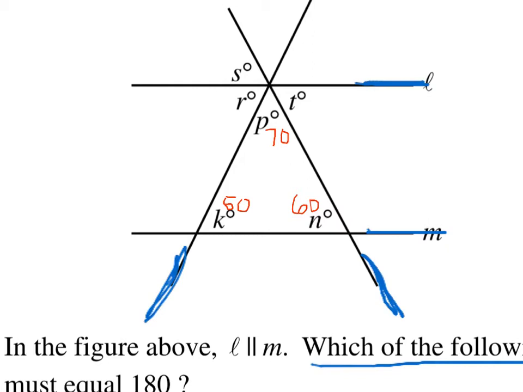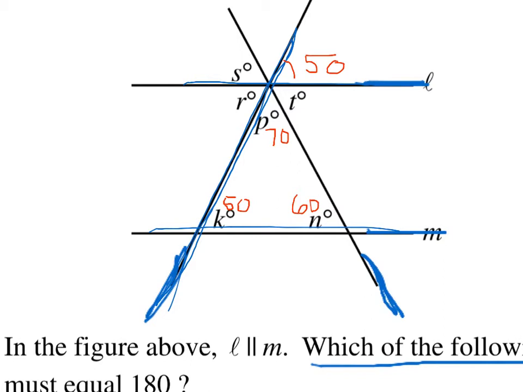Now, let's use our powers of parallel lines-ness that we learned previously. If we look at this line and this line, L and M being parallel and cut by this transversal, that tells us that this angle is 50.